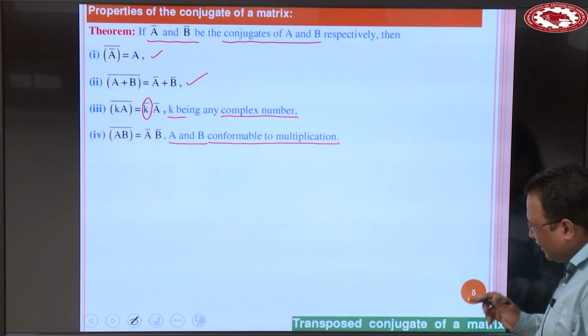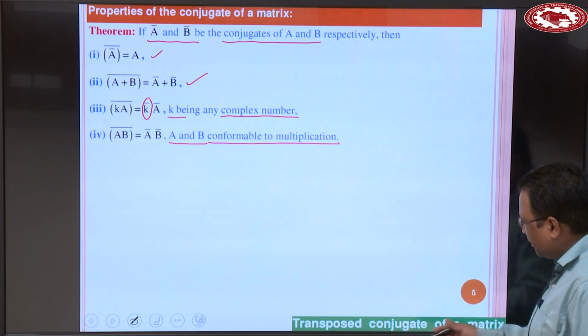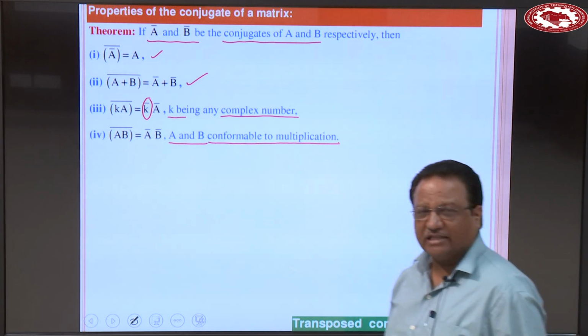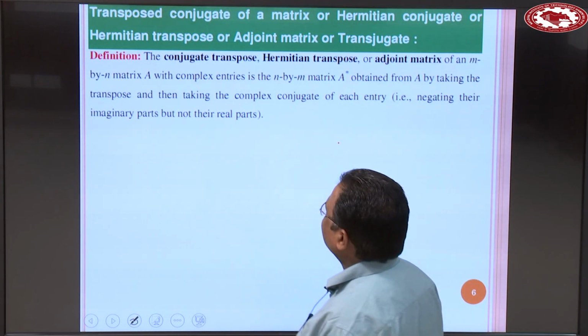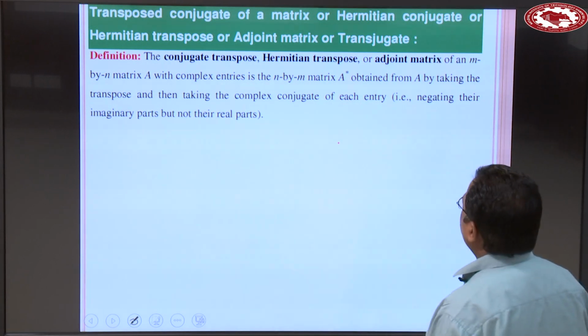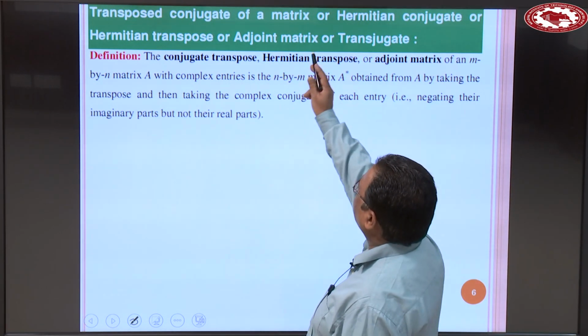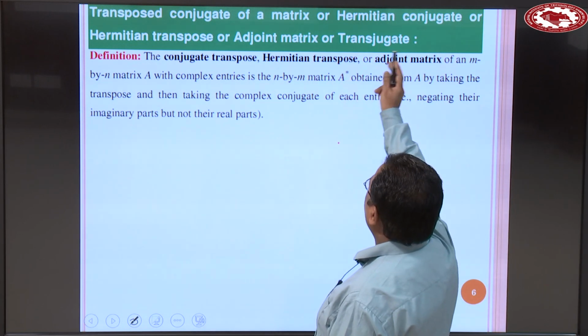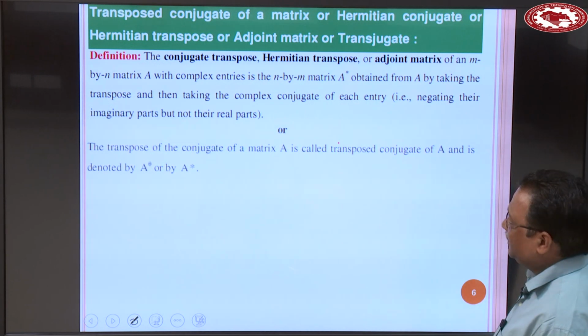Then one more definition, combining these two definitions: transposed conjugate of a matrix. This matrix is also known as Hermitian conjugate or Hermitian transpose or adjoint matrix or transjugate. So, what is the definition of this one?